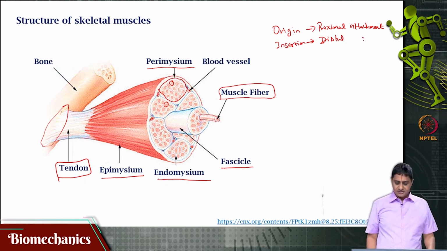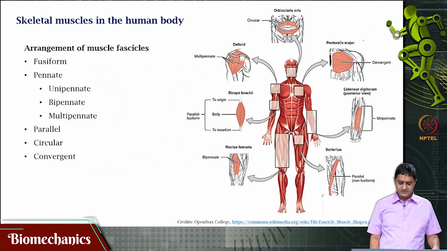Right. So, this is the broad hierarchical organization of a muscle, and depending on how these fascicles are arranged within a muscle, we can classify the muscles into several types.